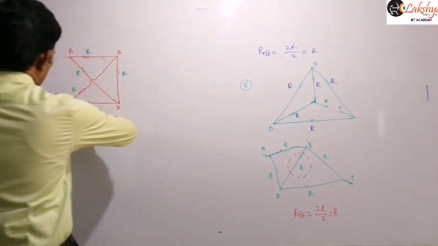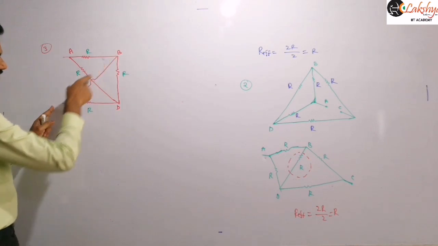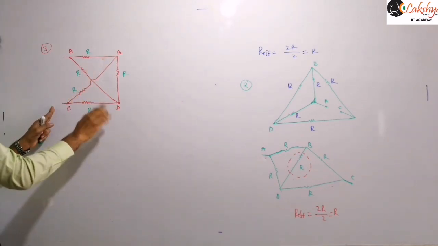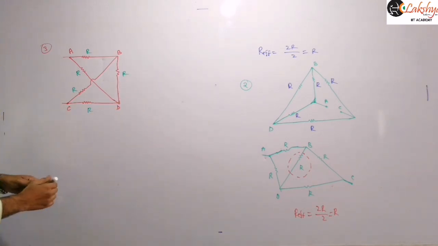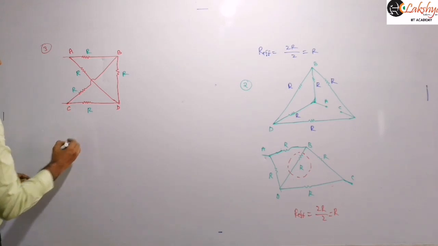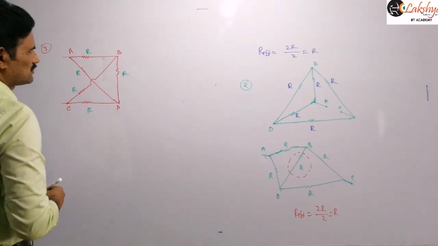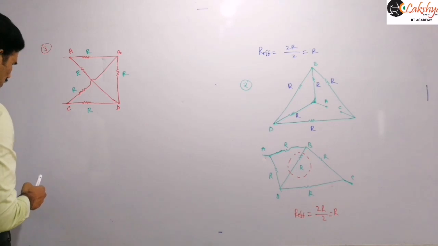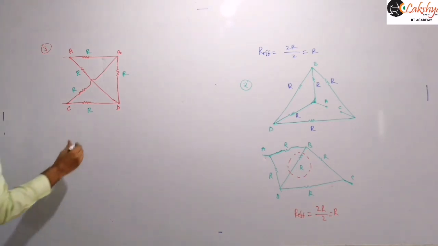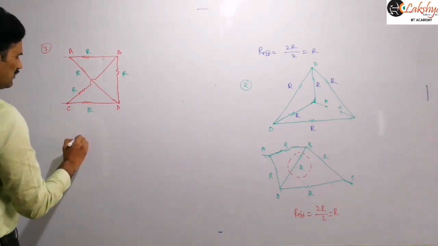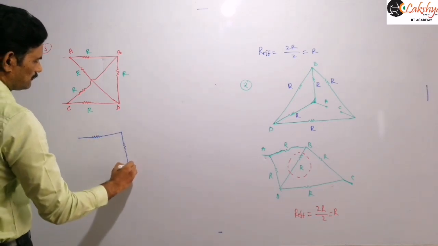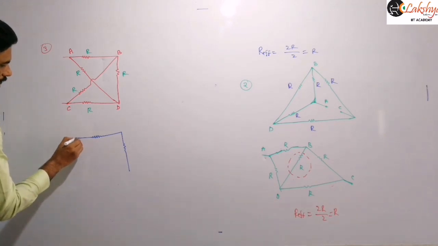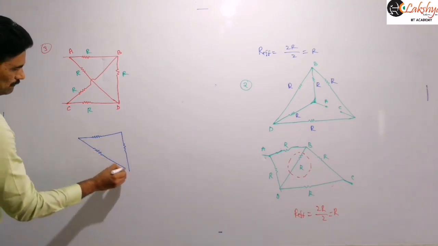If we fold the BCD part, the triangle, to this side, then you will get the standard Wheatstone bridge form. So if the circuit is converted like this, this part ABD will remain the same.